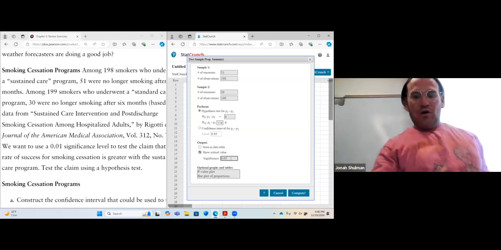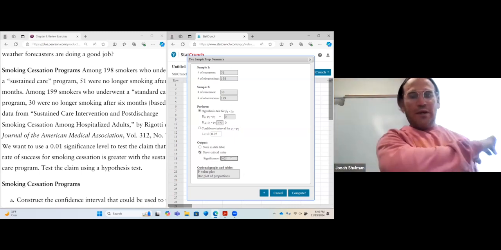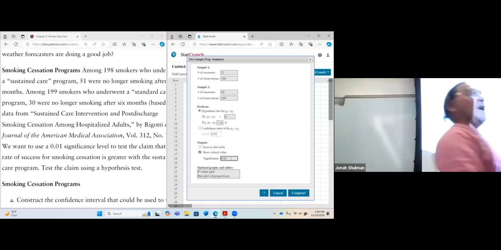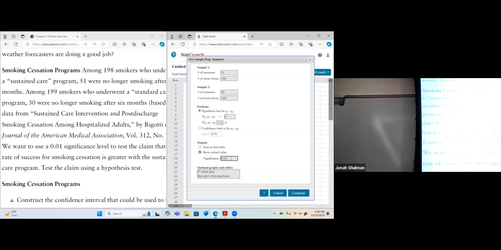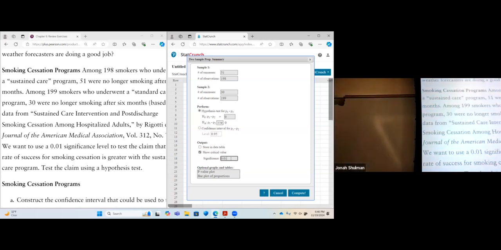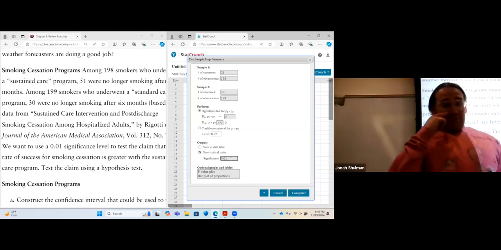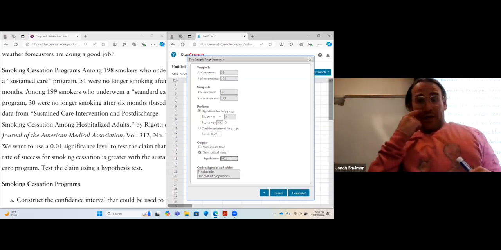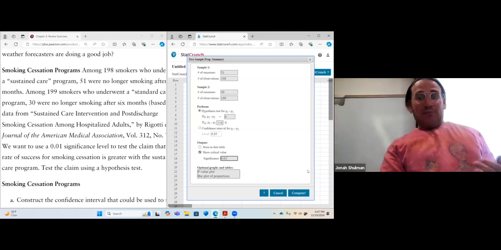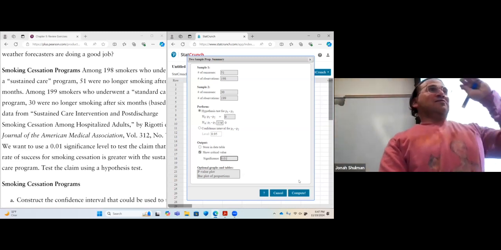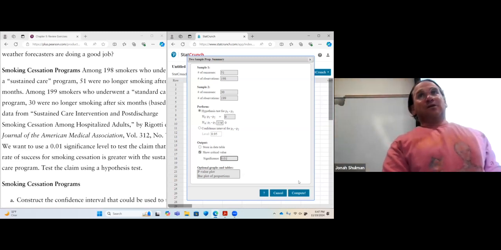It's going to be at 0.01 because that's my significance level. When I look at my p-value, it's got to be less than this 0.01 for it to be significant. Let's see if sample one is indeed statistically significantly better.